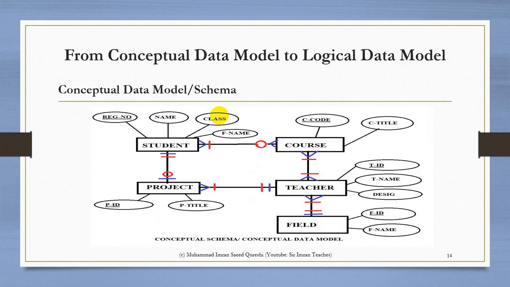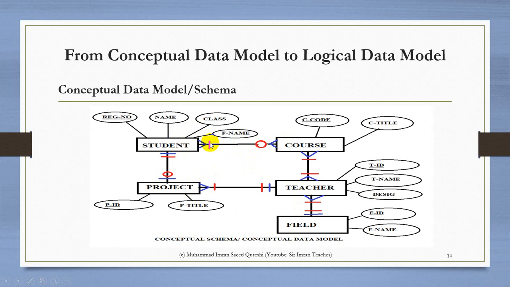Now let me show you again that conceptual data model. In fact, this is the model that we want to convert into the logical data model. As per step 1, we have to represent each entity class: student, course, project, teacher and field.